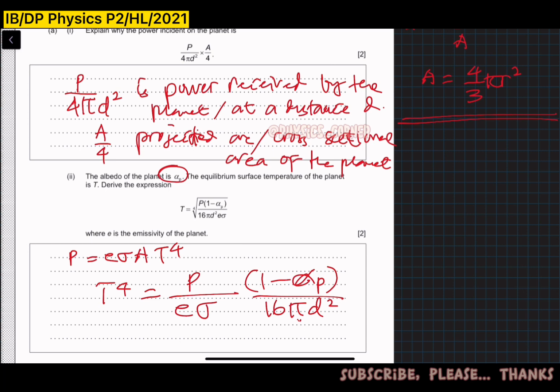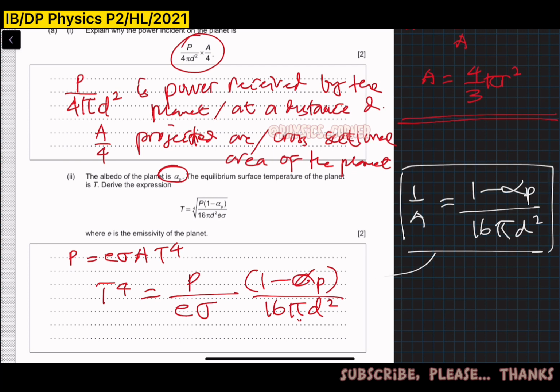Yes, because we change from this one, one over A, as 1 over 4 pi d square, so we include this from here.